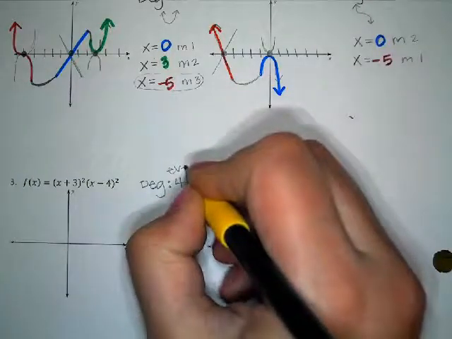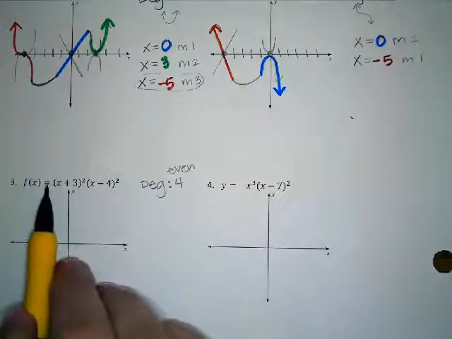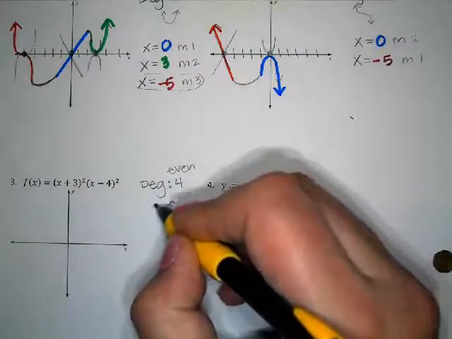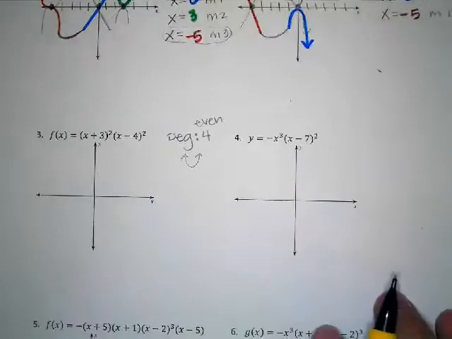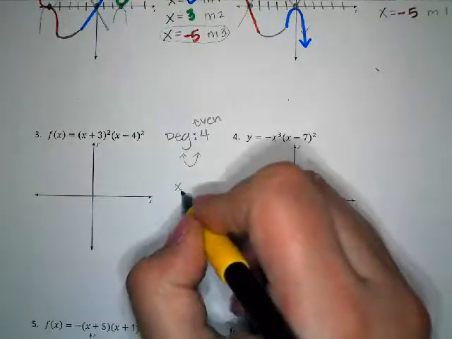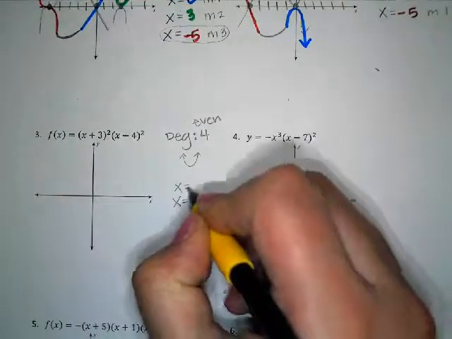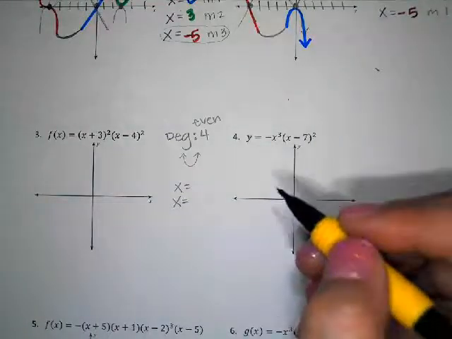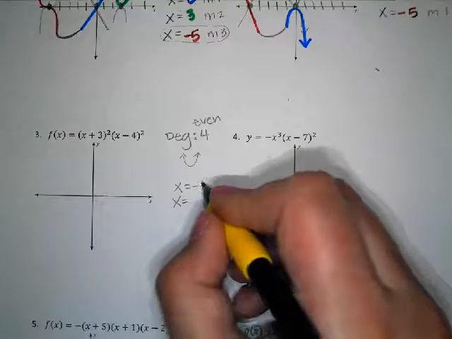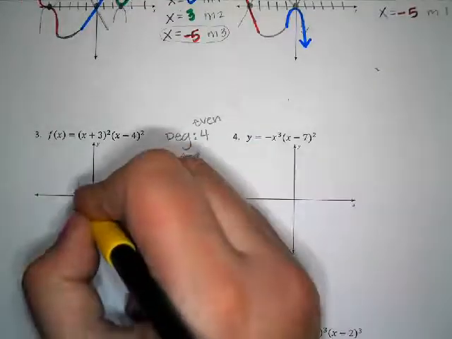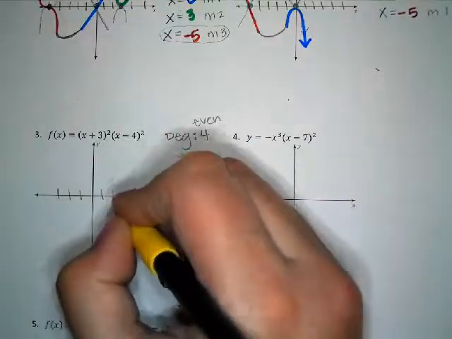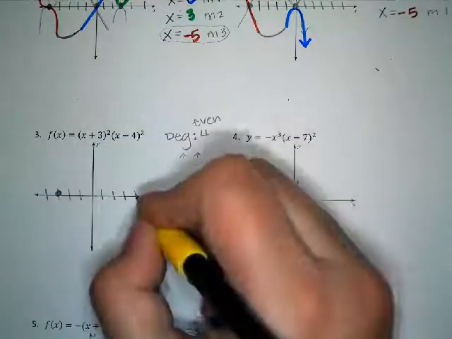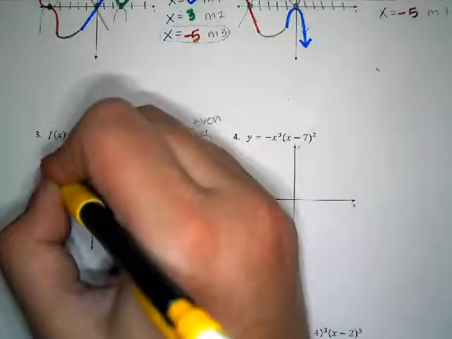So overall it's going to be like this. What are the x-intercepts? -3 and 4. Up arrow, up arrow. They both have a multiplicity of 2.